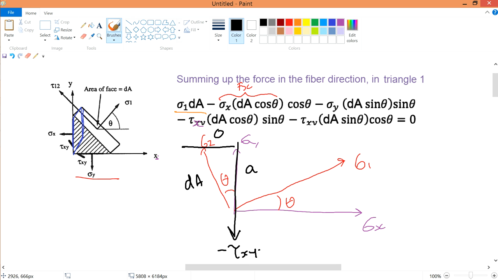Your dA multiplied by cosine theta, because A over h is equal to cosine theta. So if your h is equal to dA, your hypotenuse, you'll have dA cosine theta, which is talking about this thing. And therefore this portion over here is your sheared area.